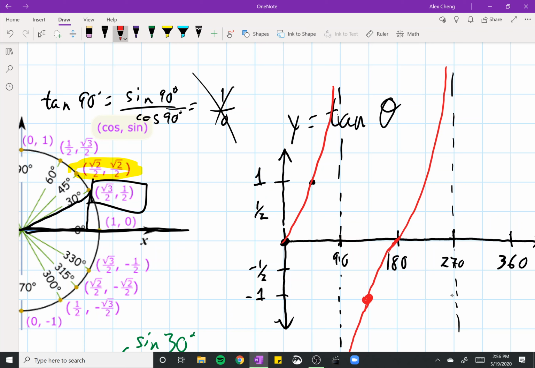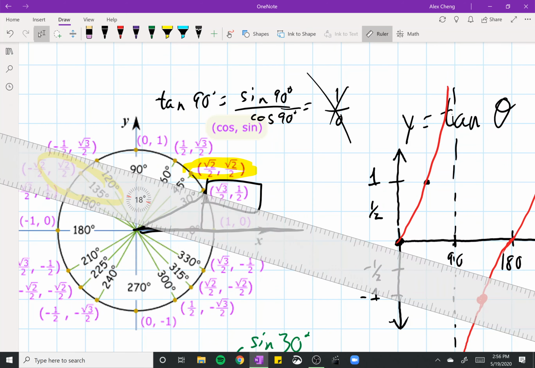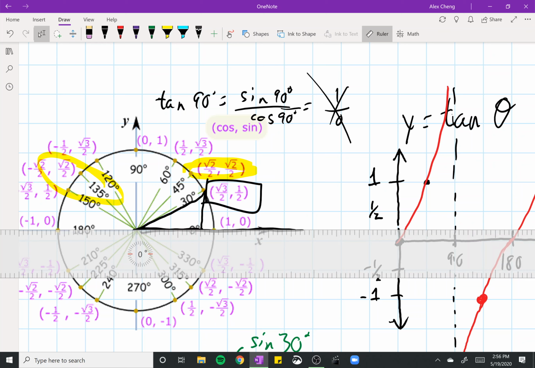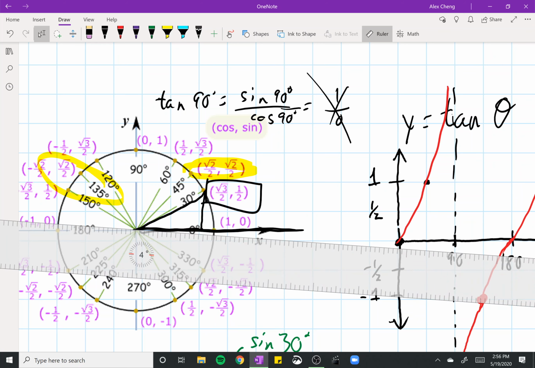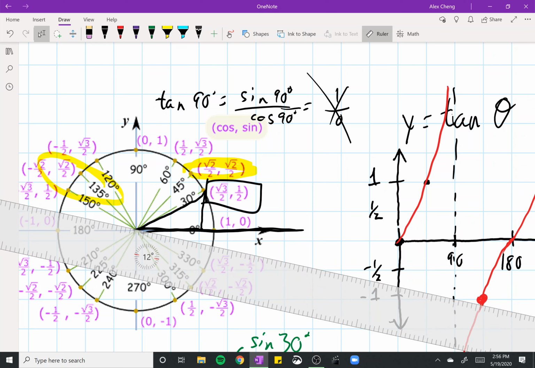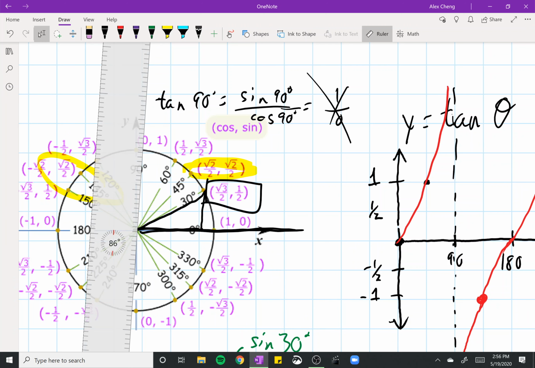Notice the first chunk right here in blue doesn't have a back end, if you will. But if we imagine that we started off at 0, and instead of going counterclockwise, we go clockwise to go backwards and count the negative angles, notice we have positive slopes, then negative slopes that become more and more negative until we get to negative 90 degrees.